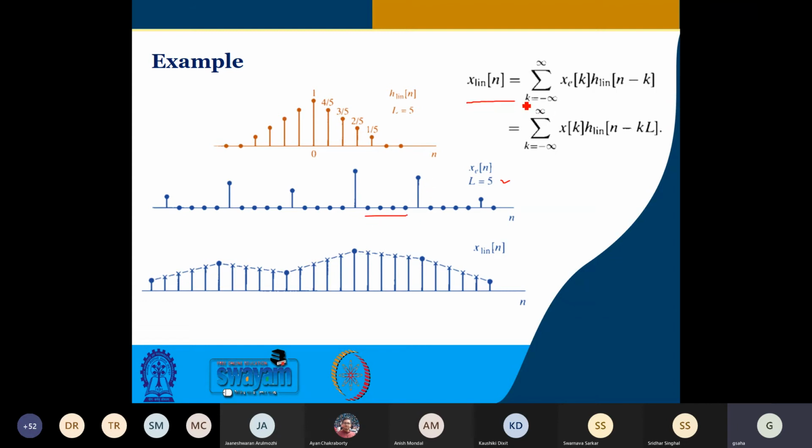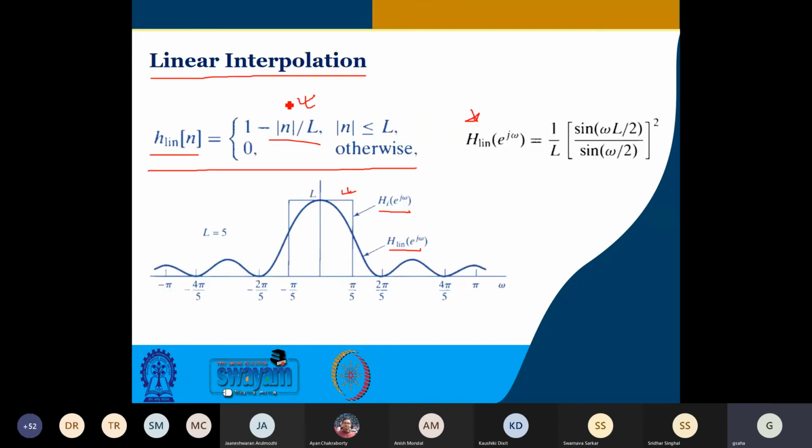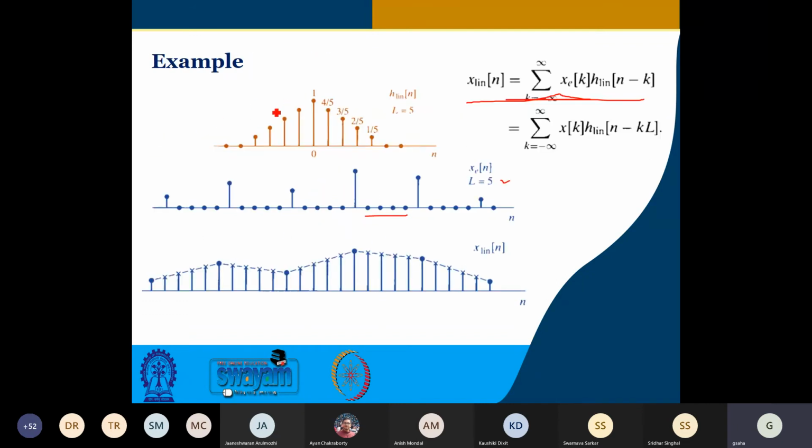And when you do the convolution with the function that has been shown here, these in-between values get generated, and the reconstructed, upsampled, interpolated signal would look something like this.